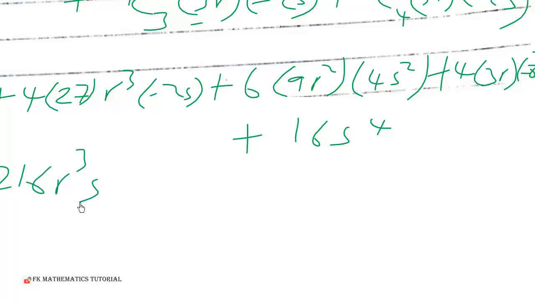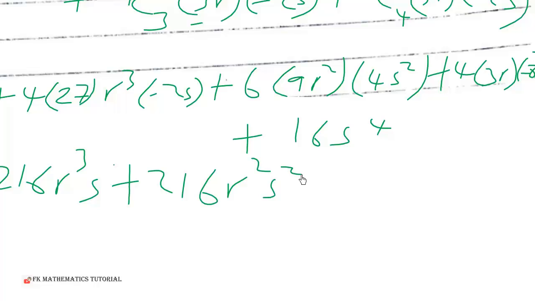Then 6 times 9 times 4 is another 216, so plus 216 r exponent 2, s exponent 2.